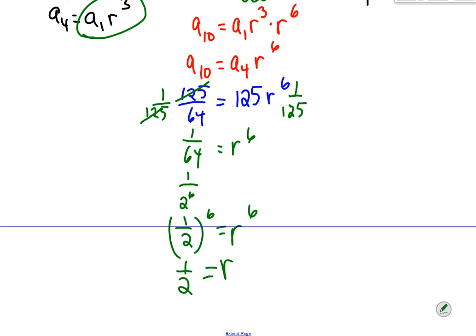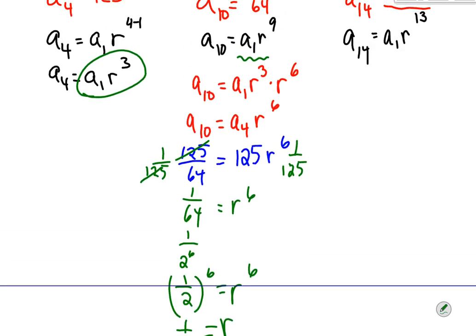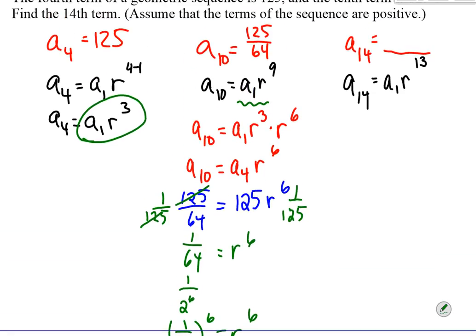I can either find a sub 1, or I can do this same process again. That wasn't terribly difficult, so I would just do it again. I'm now going to say that a sub 14 is a sub 4, which is a sub 1 r to the third.